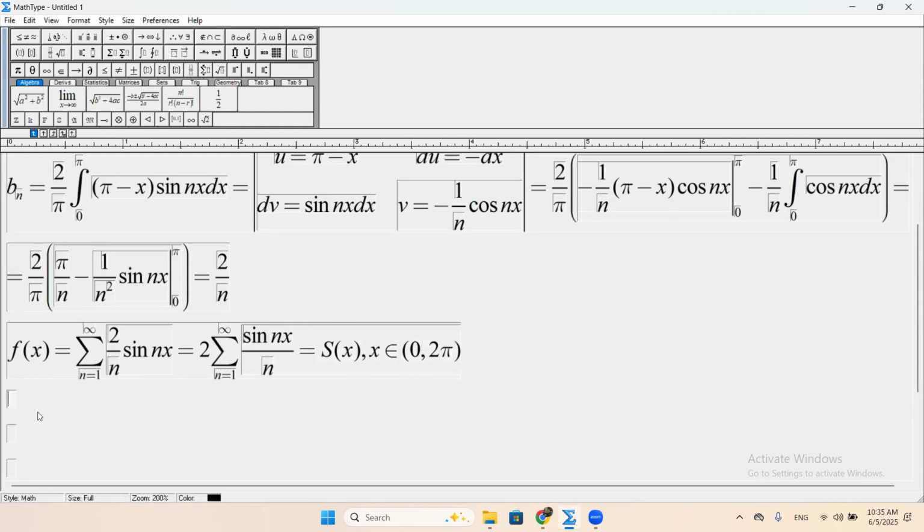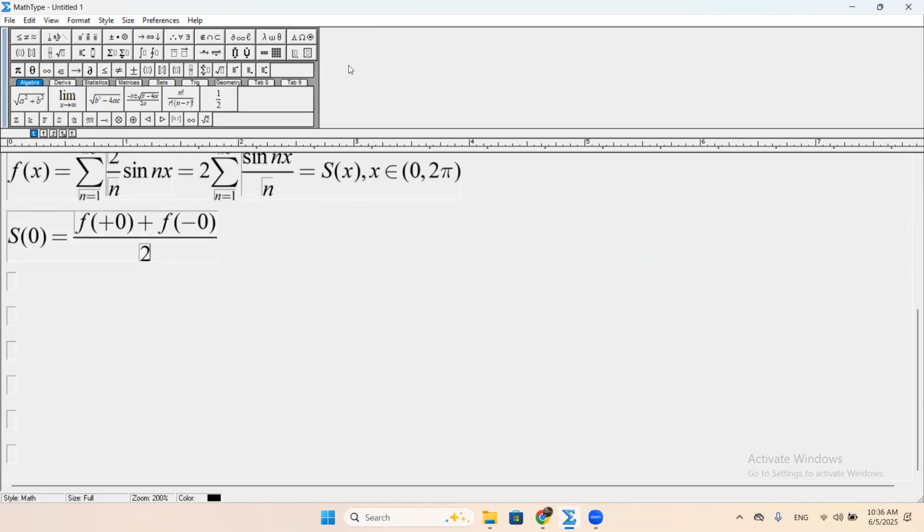And what about s at point 0? This sum will be equal to f of plus 0 plus f of minus 0, over 2.